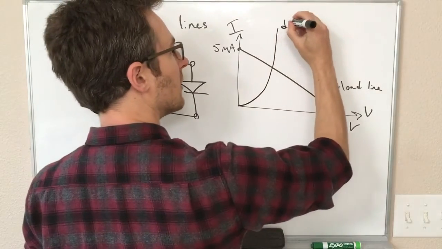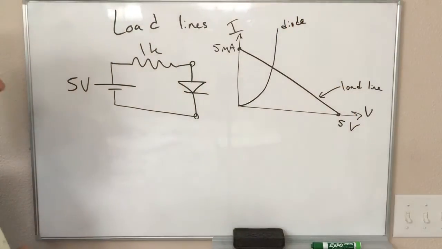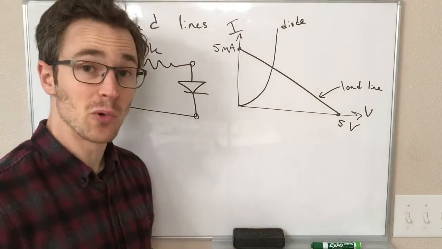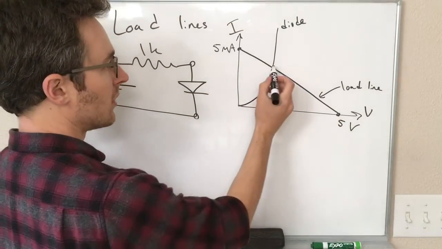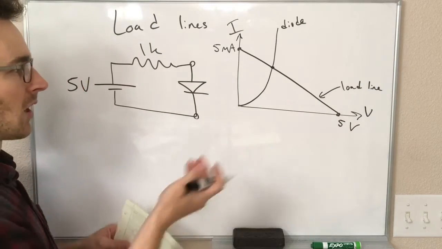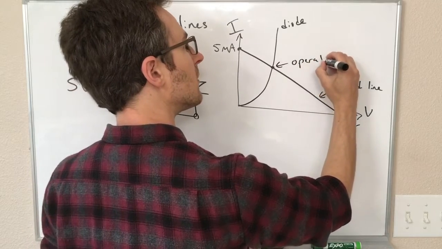So this is our diode current versus voltage graph, and these are all the different possible combinations of current and voltage that the diode could have. And finally, the one spot that works for both of these things is what this circuit is going to do. This is called the operating point.